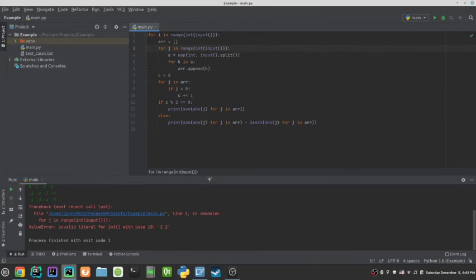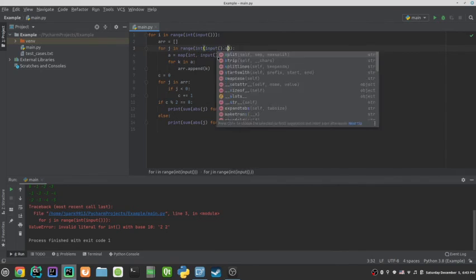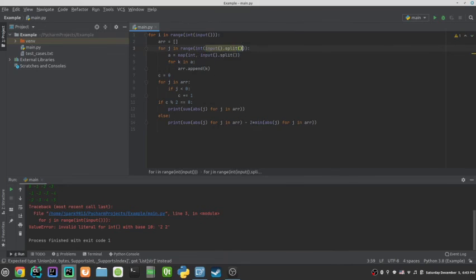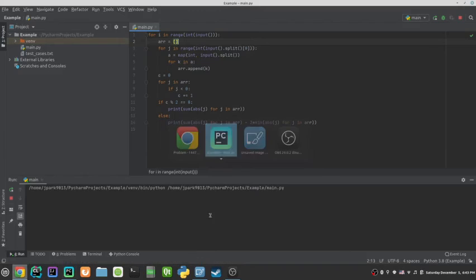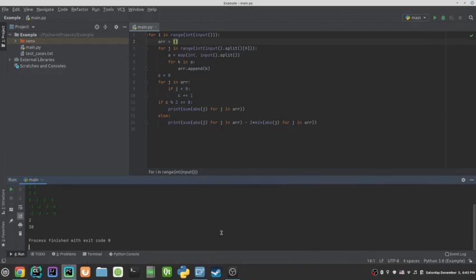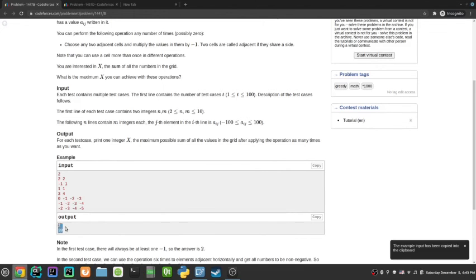Oh yeah, because we only needed to take the first number. It should have actually been something like this. Yeah, we should indeed get the right answer now. Yep, there we go. We do indeed get 2 and 30.